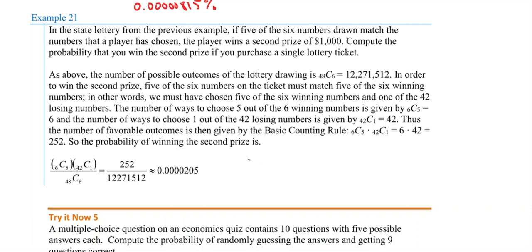Of the 6 correct balls, we're going to choose only 5 of them. And then I only have 42 left to choose from, because 6 of them were correct, and I didn't choose the last correct one. So it's going to be 42, and then I choose the last one there.